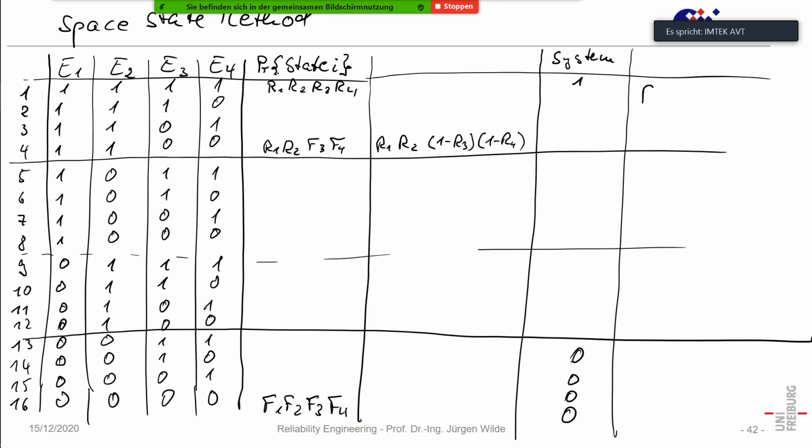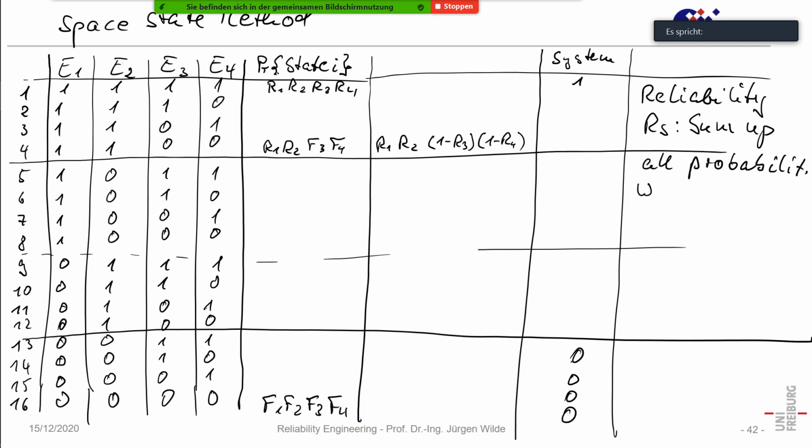So the reliability we get, sum up all probabilities where system is up. So that means functioning.